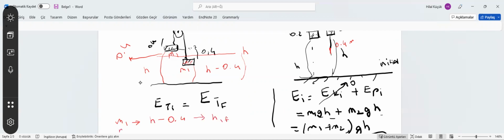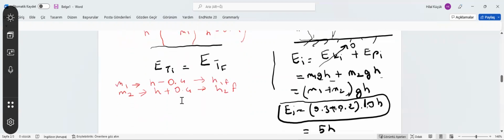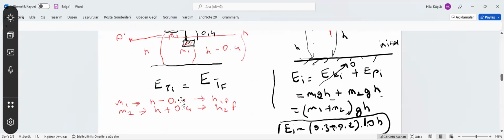For M2 it will be H plus 0.4, this is H2 final. Okay, everything is okay.